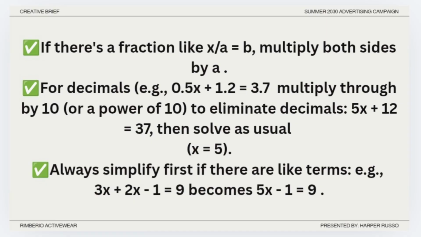Then solve as usual. x = 5. Always simplify first if there are like terms. For example, 3x + 2x - 1 = 9 becomes 5x - 1 = 9.